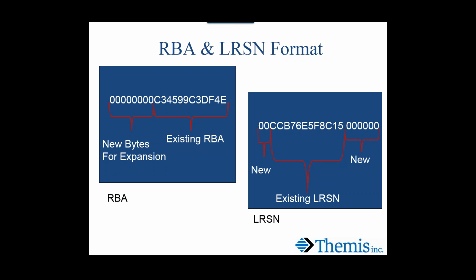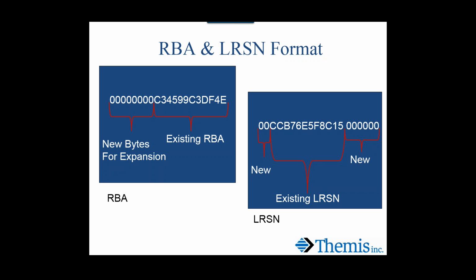On the LRSN, they've taken the other 3 bytes and put them on the right side. And what that means is the LRSN now has more precision. So for those of you in a data sharing environment, you're probably familiar with this problem called LRSN spin, and that occurs when 2 transactions require a unique LRSN, and they both get in there and the clock says the same thing.